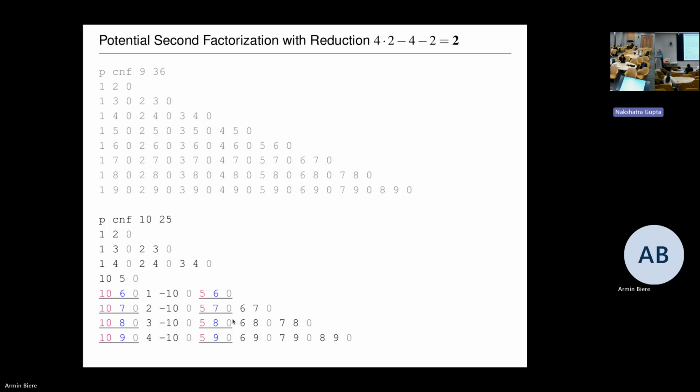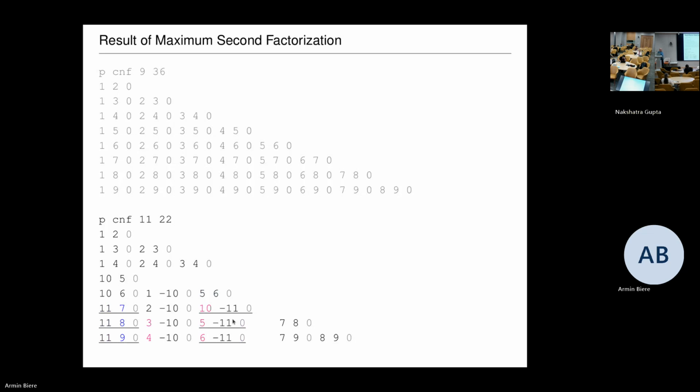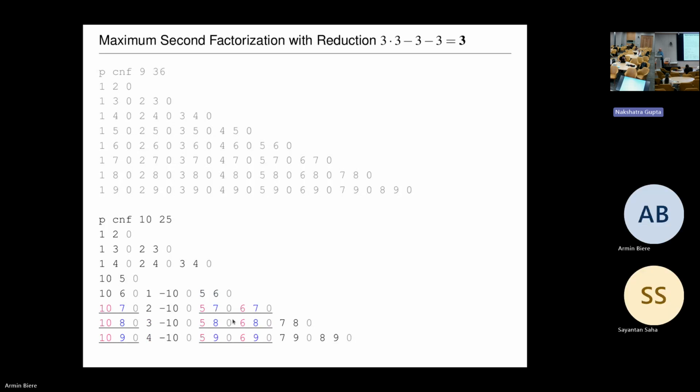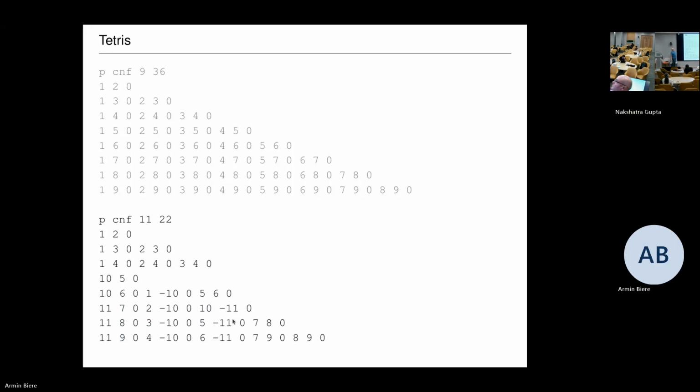Like 2 times 2 is the bad one. And this is another one. This is 3 times 3, and we're using that one because this is better. Okay. And we removed 3 clauses, right? So this was 25, and these 3, and we do Tetris again.